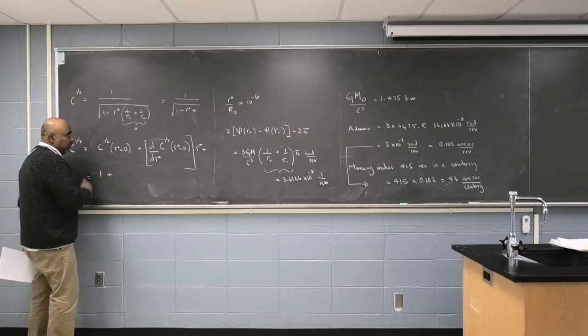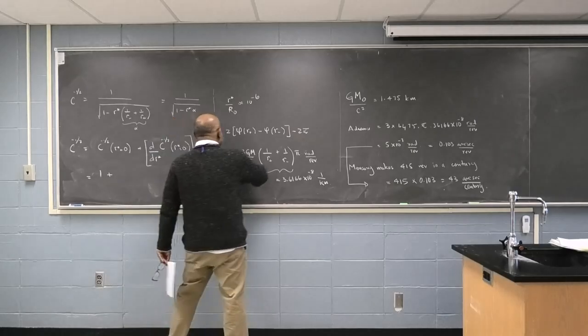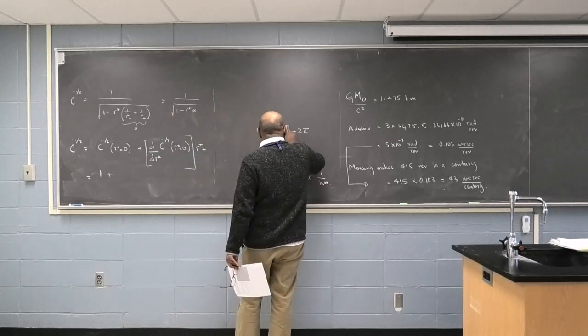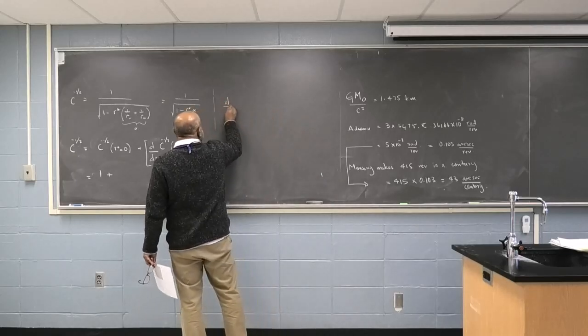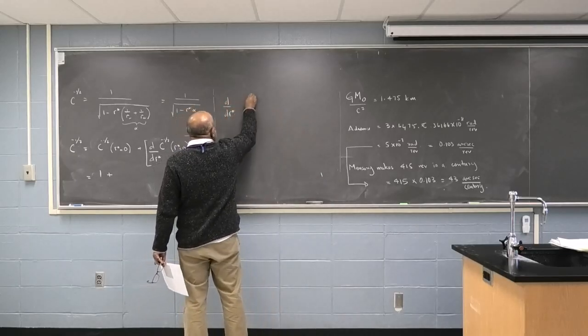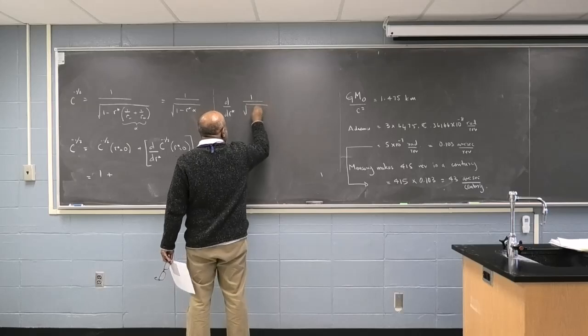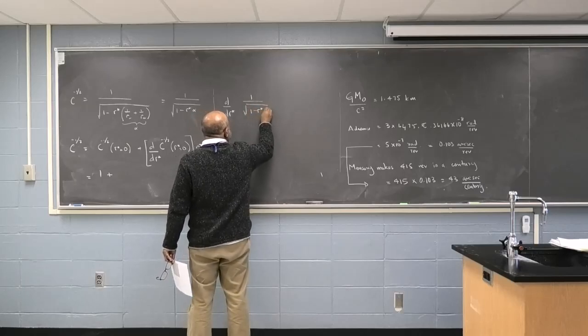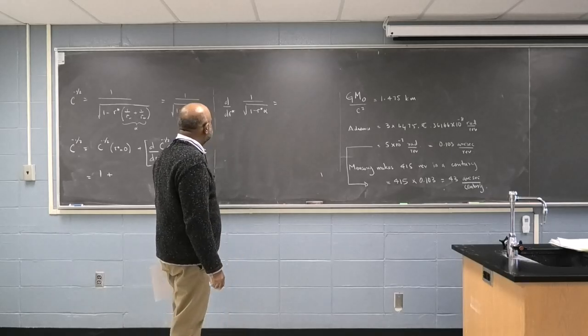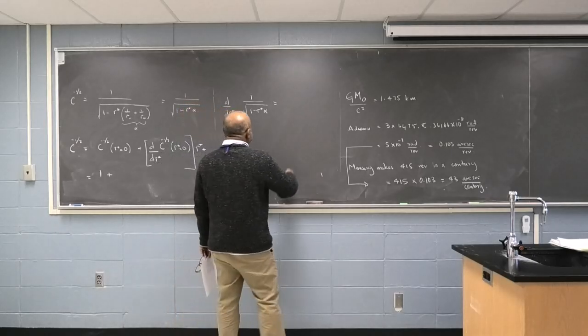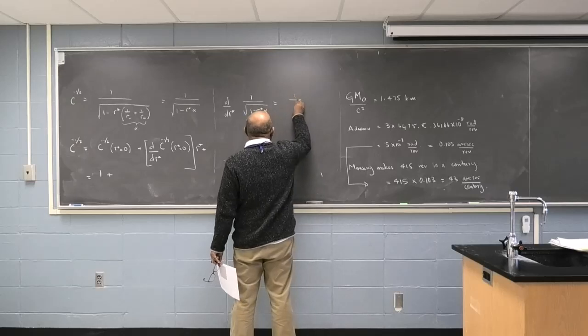Plus, there's a correction. Help me take the derivative. What is the derivative of 1 over square root of 1 minus r star alpha? 1 over. So that is minus 1/2 becomes a 3/2, right?